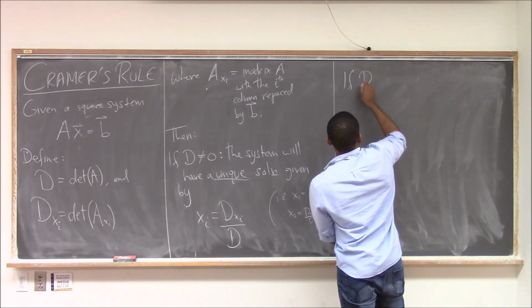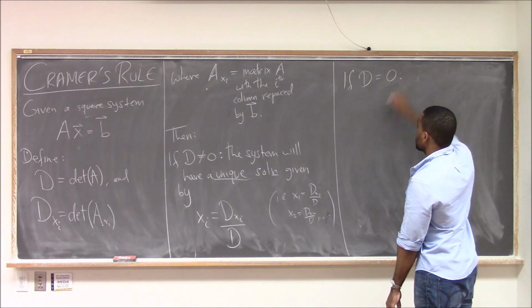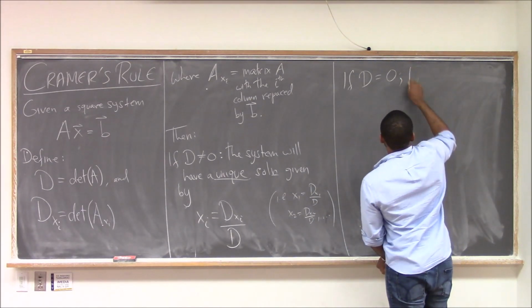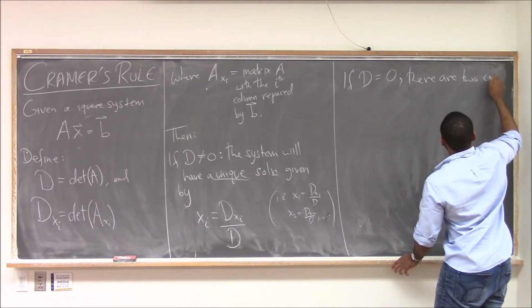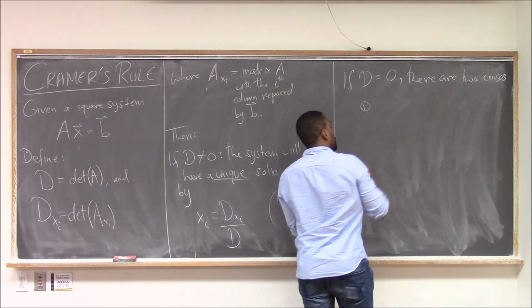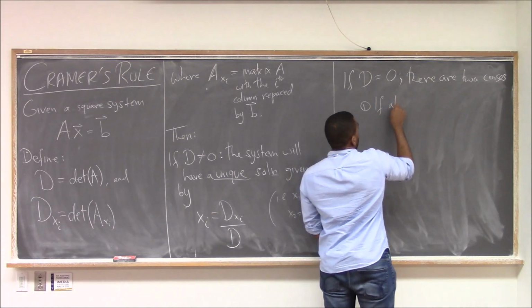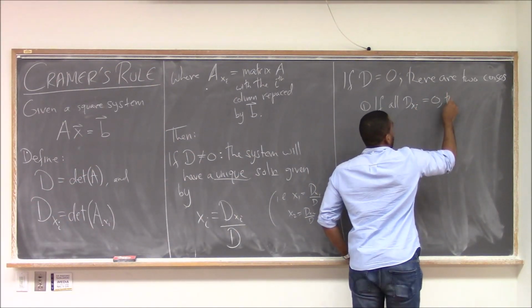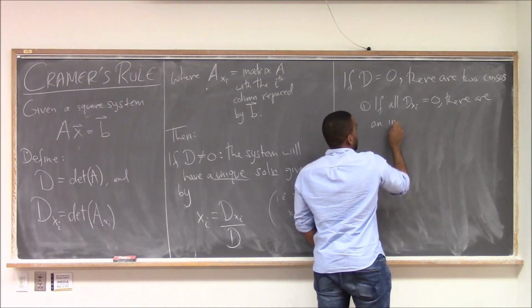If D is 0, there are two cases. One, if all the D sub xi equal 0, there are an infinite number of solutions.